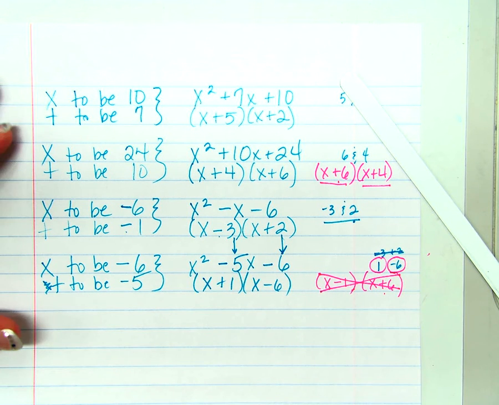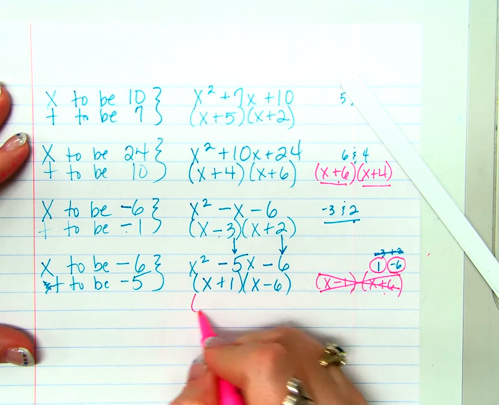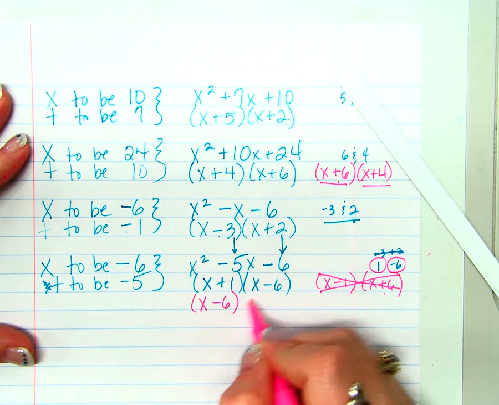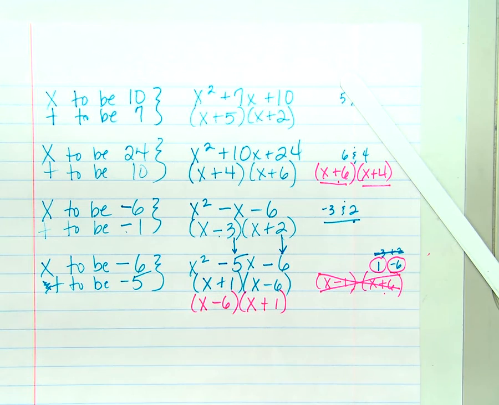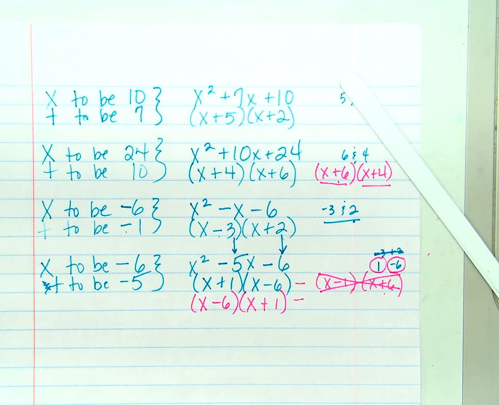So can you tell me, please, what would be okay for me to write instead of this? X minus 6, x plus 1. Perfect. Either one of these are acceptable answers. Fair enough? Any questions about that?